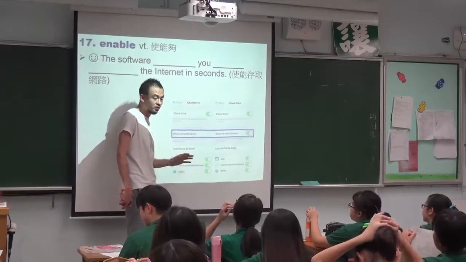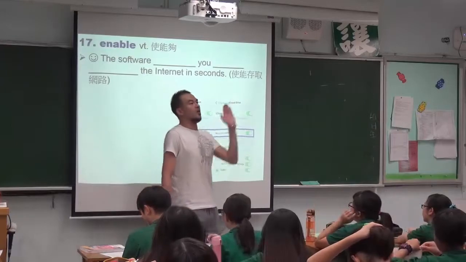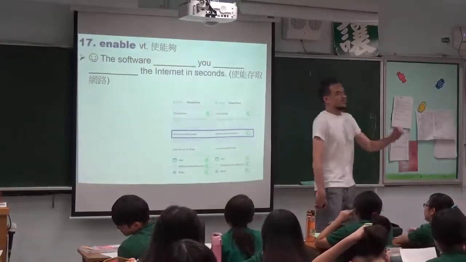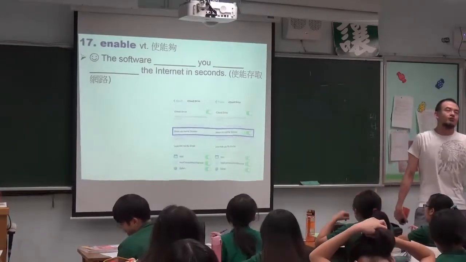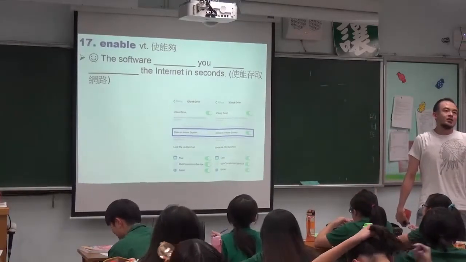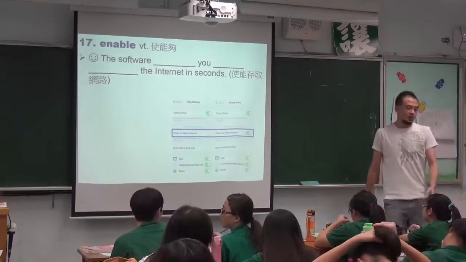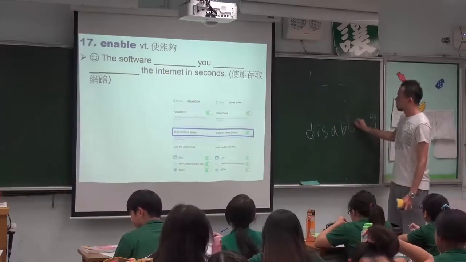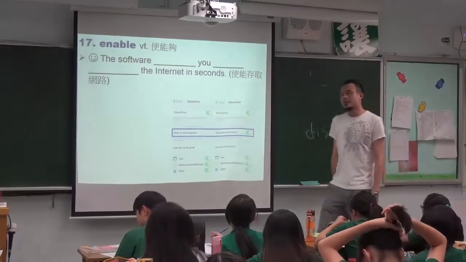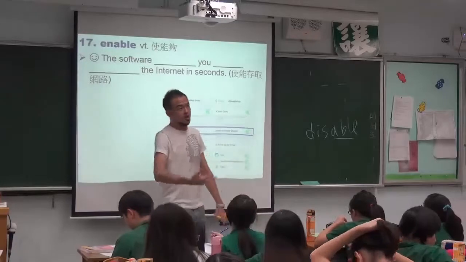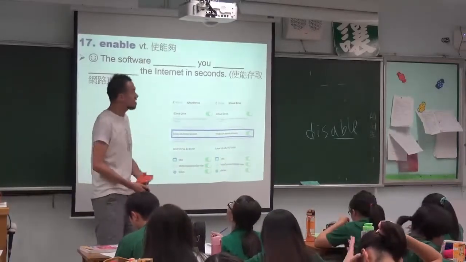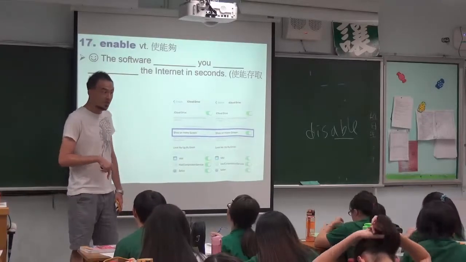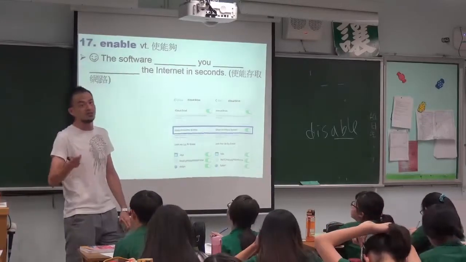And if the flight attendant tells you on an airplane, please disable your function of wireless internet access, disable here, D-I-S-A-B-L-E. When you disable something, you make someone unable to do something, or you turn off the function of something. So enable and disable generally turn functions on and off. Not open or close, but enable and disable.